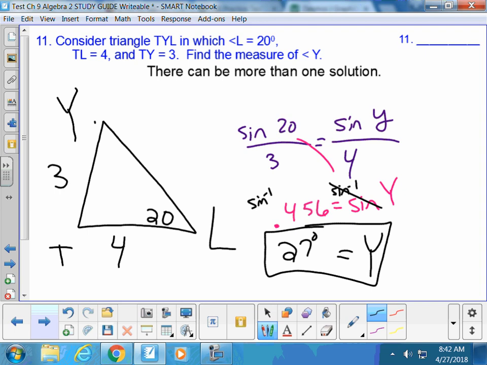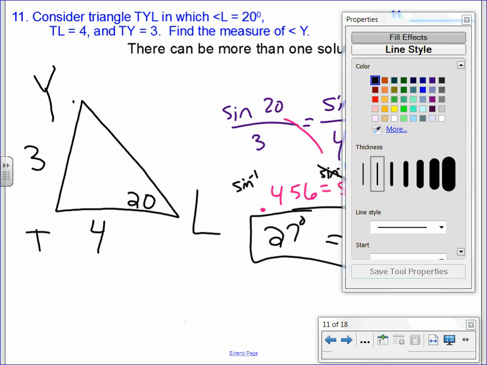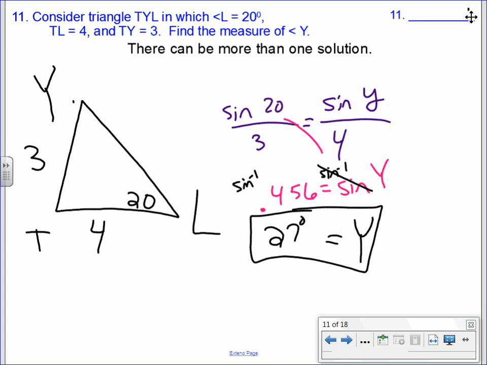We've talked a lot in this chapter. If you're going to be using the law of sines and you do a sine inverse to finish out the problem, you have to explore the possibility that the supplement of 27 could also work. So let's just explore that. What's the supplement of 27 degrees? 180 minus 27 gives us 153. We have to see if 153 would work or not work in that slot, in the y position.